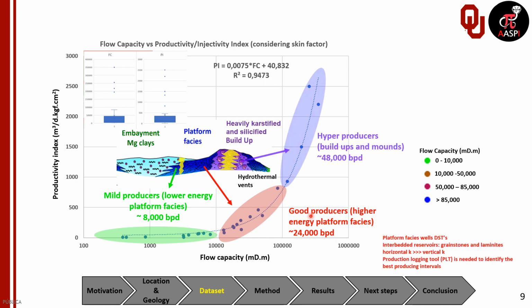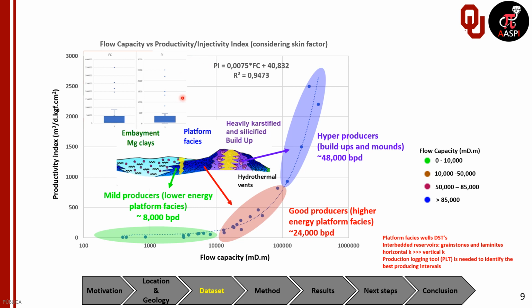And here we have the hyper producers, the anomalies. As you can see here, we have box plots of both flow capacity and productivity index. We are talking about these anomalous values. They are very high permeability buildups. They are silicified, but as a result of the silicification, we have an enhancement in the porosity system.